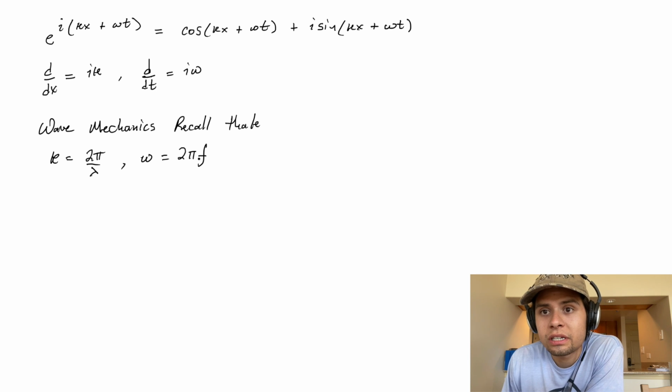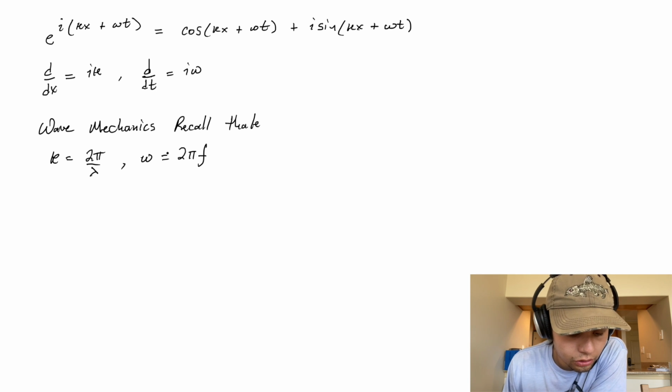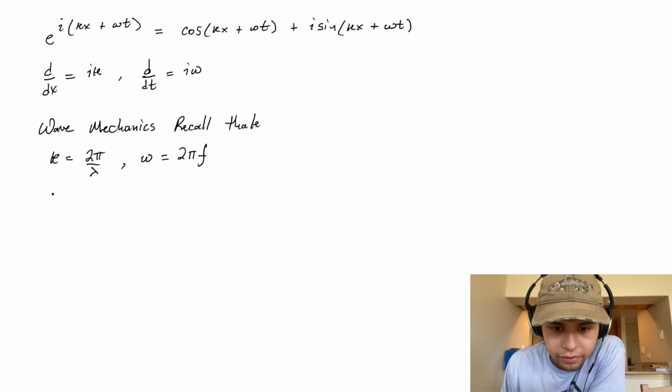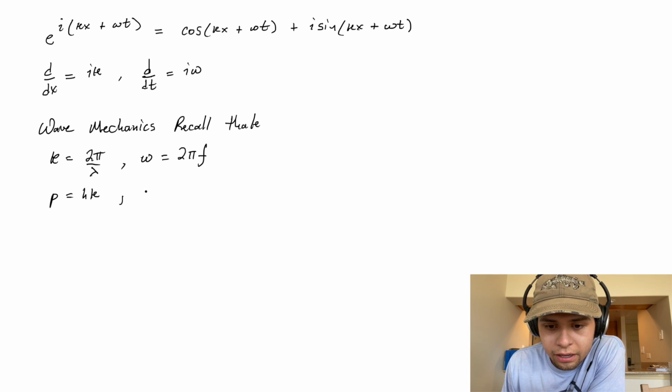Likewise, the frequency of the wave is an eigenvalue for d/dt. Okay. But we also want to recall that the momentum p is equal to hk, and the total energy of a system is equal to h times omega.